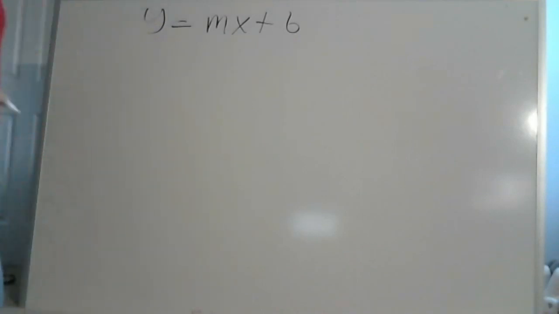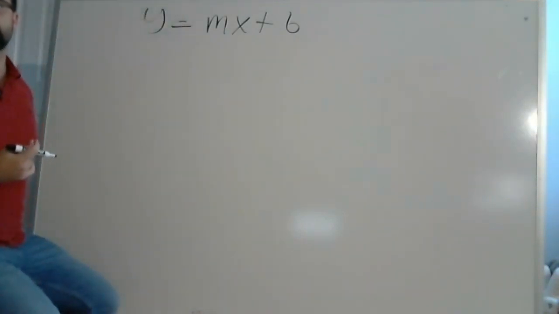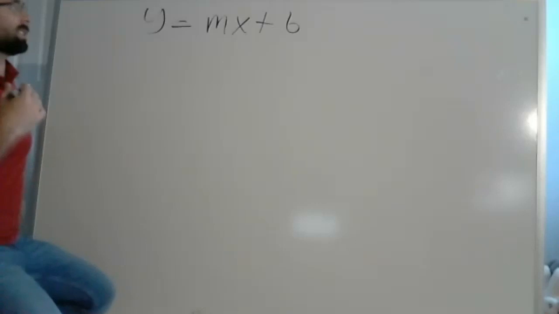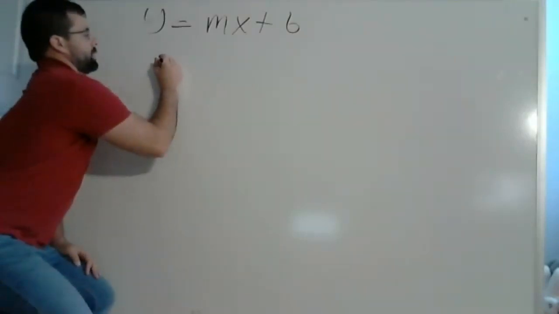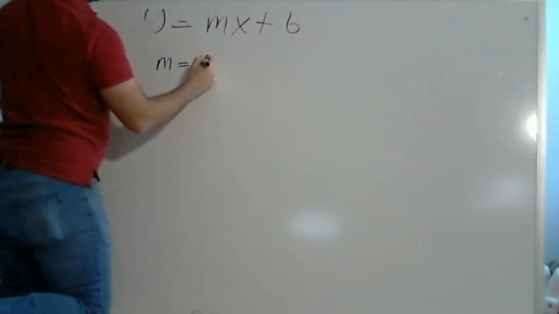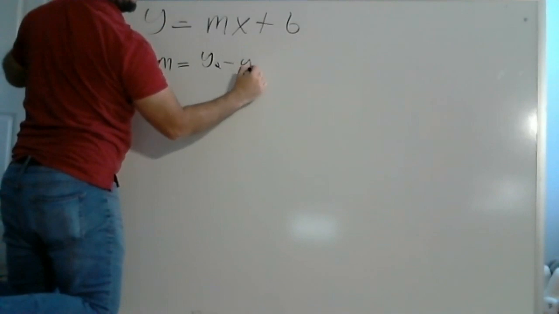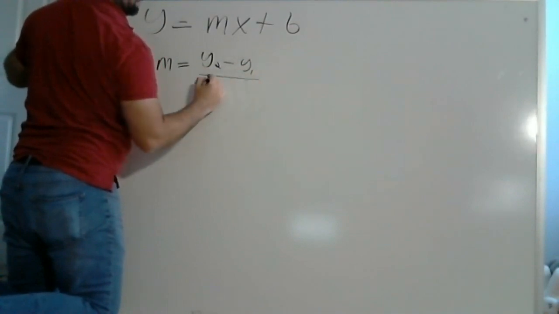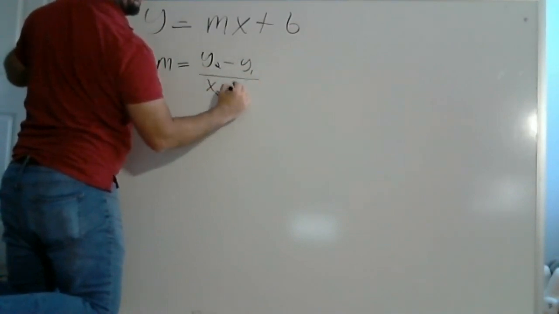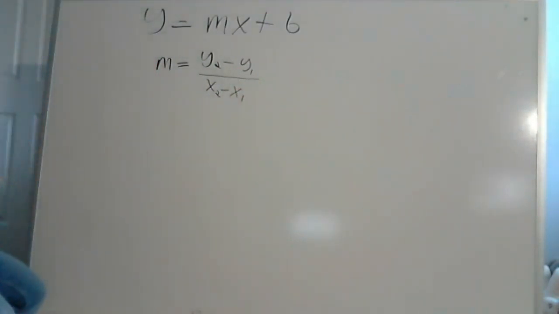So y equals mx plus b, and we also talked about how to find the slope. This was our slope formula, y2 minus y1 over x2 minus x1.